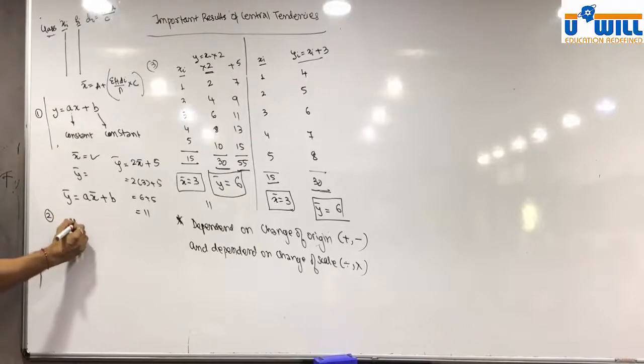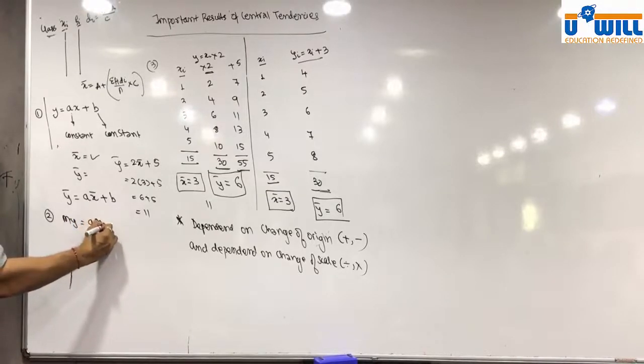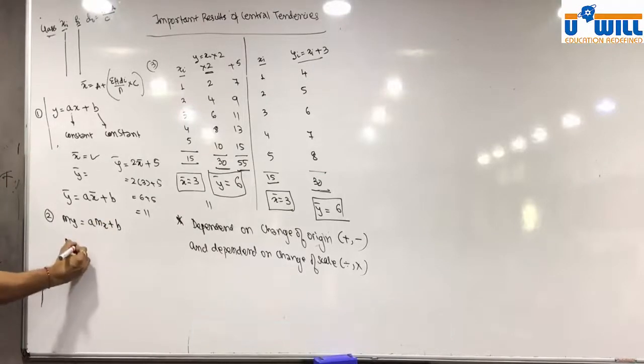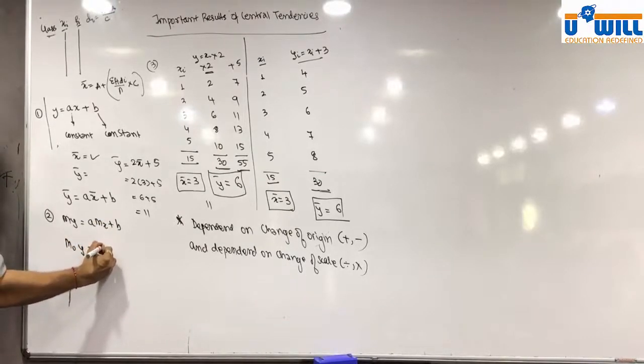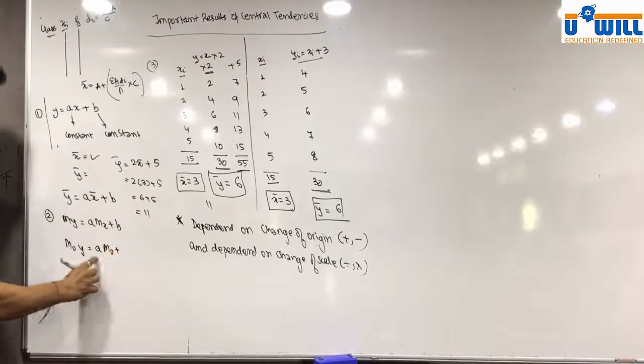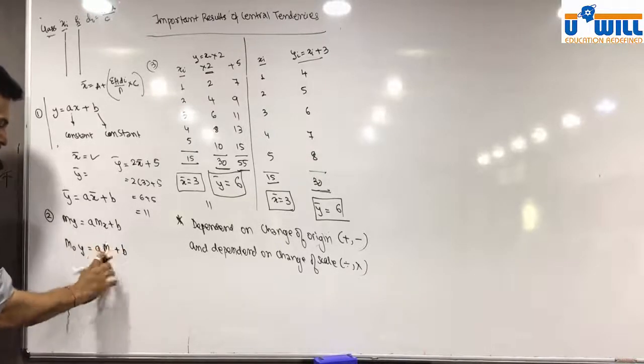So median of y is equal to a into median of x plus b, and the same with mode of y is equal to a into mode of x plus b.